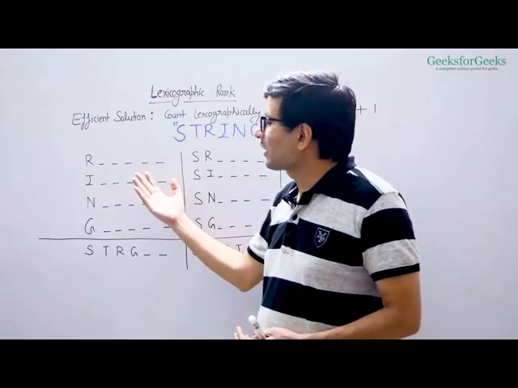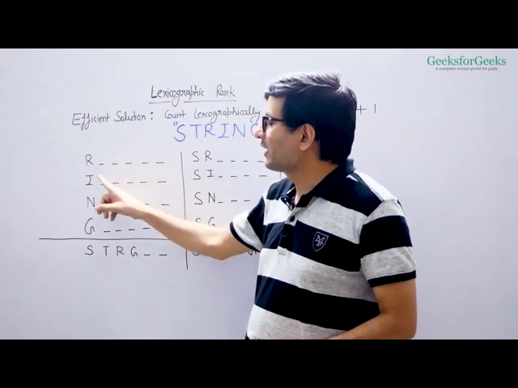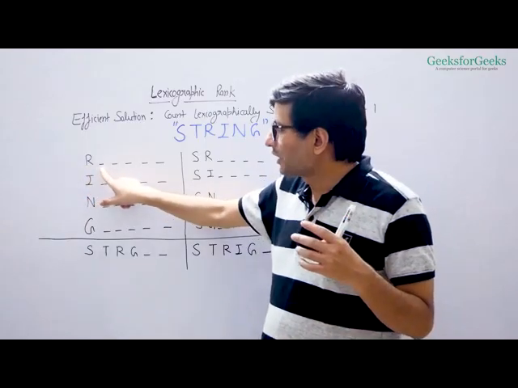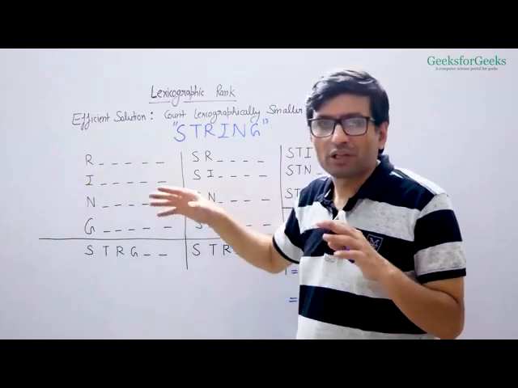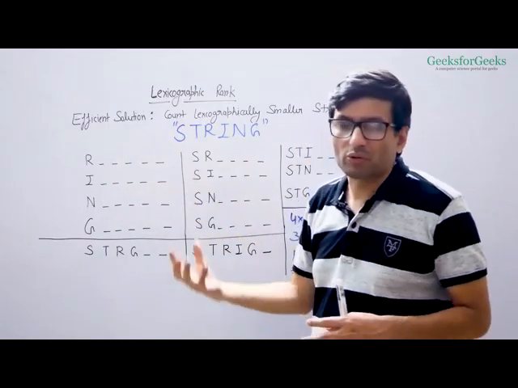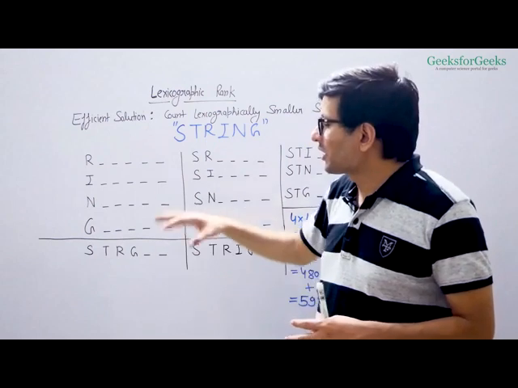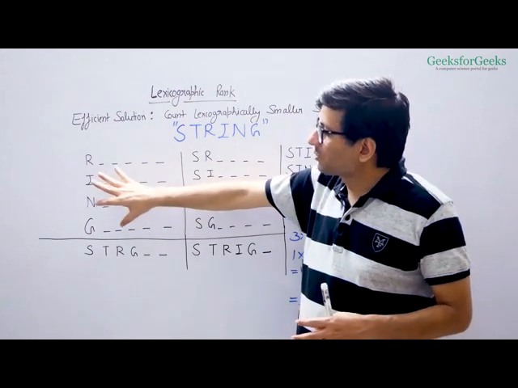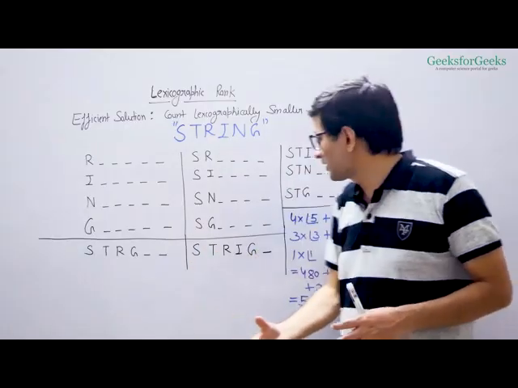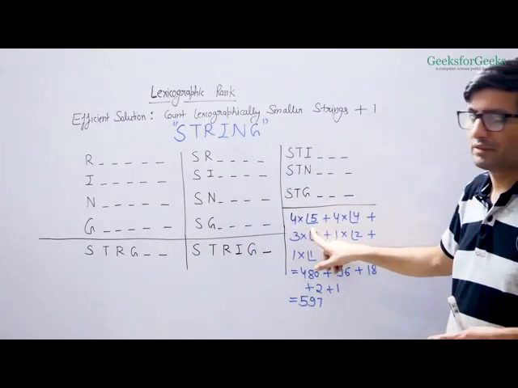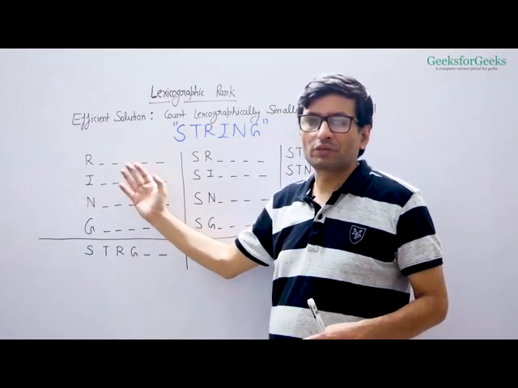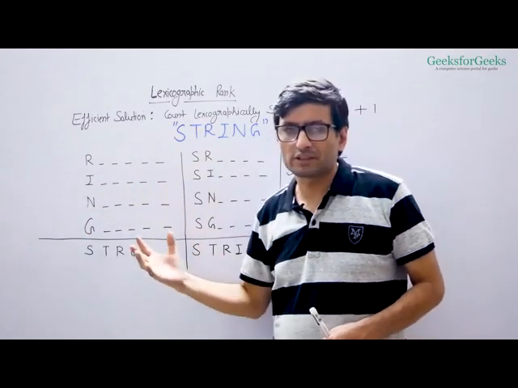How many lexicographically smaller strings will I get if I put the first character as R? 1, 2, 3, 4, 5, factorial 5 strings. Similarly, if I replace S with I, I'll get factorial 5 more strings. So the count of lexicographically smaller strings that do not contain S as the first character is 4 into factorial 5. 4 characters are smaller and 5 places are to be filled with the remaining 5 characters.